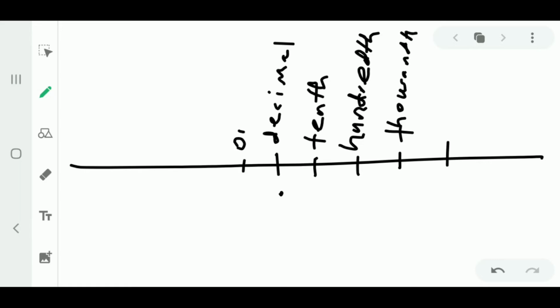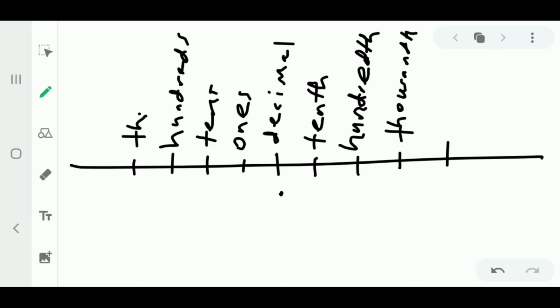This is ones, tens, hundreds, thousands, and it continues.